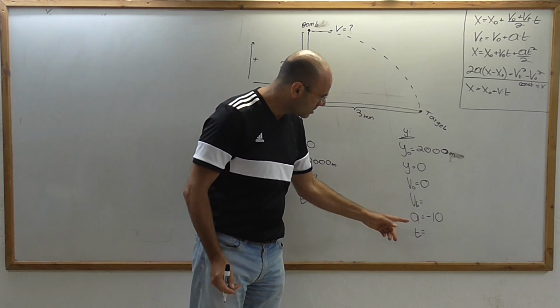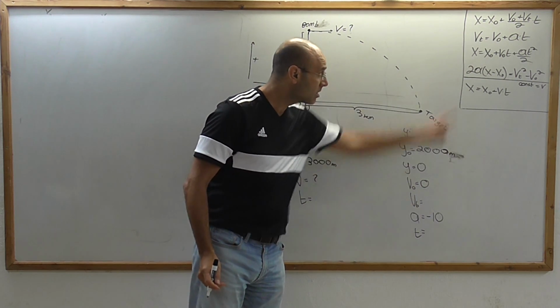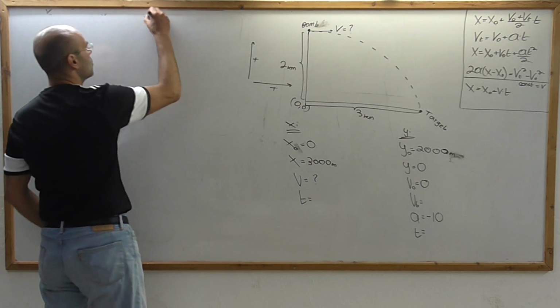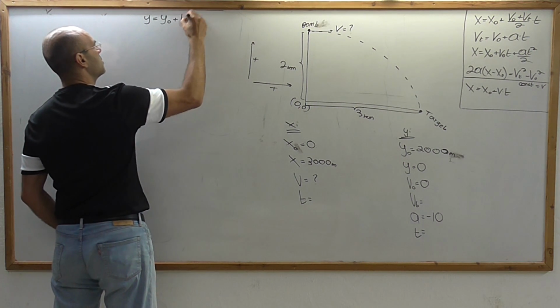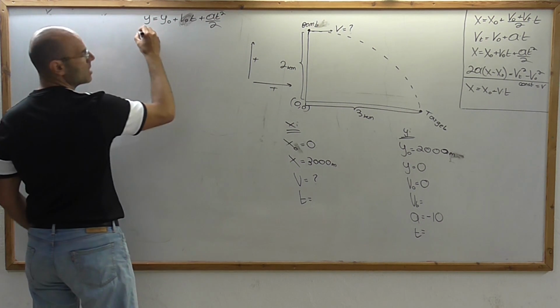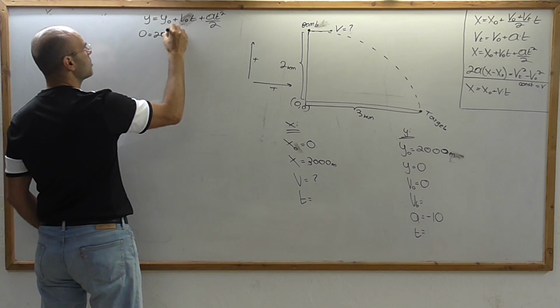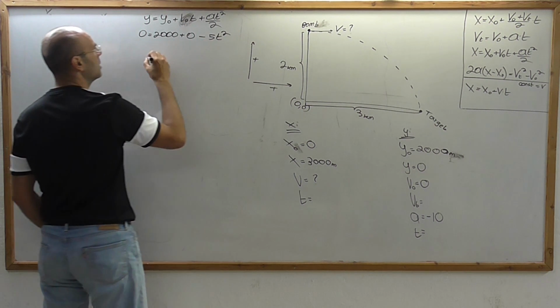But I can find everything I want from this data because I have enough to solve it. Let's find first the time with this formula. So y equals y0 plus v0 t plus a t squared over 2. Let's put numbers. 0 equals 2,000 plus 0 minus 5t squared.